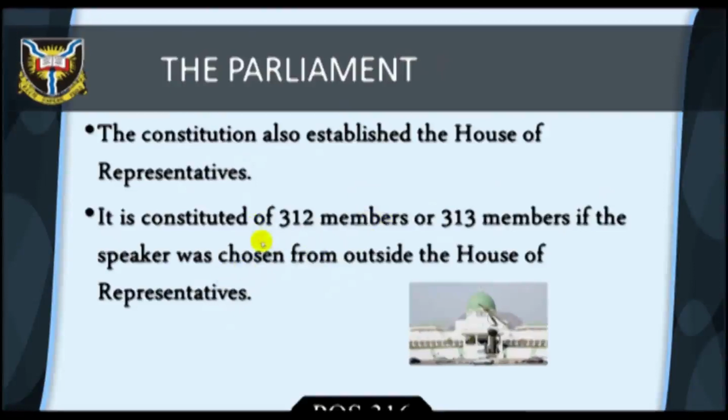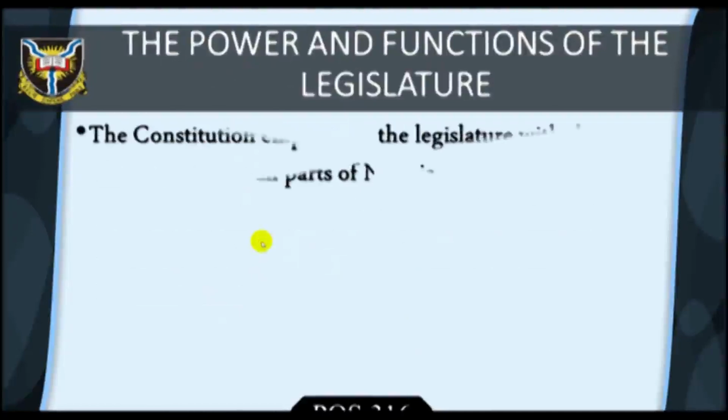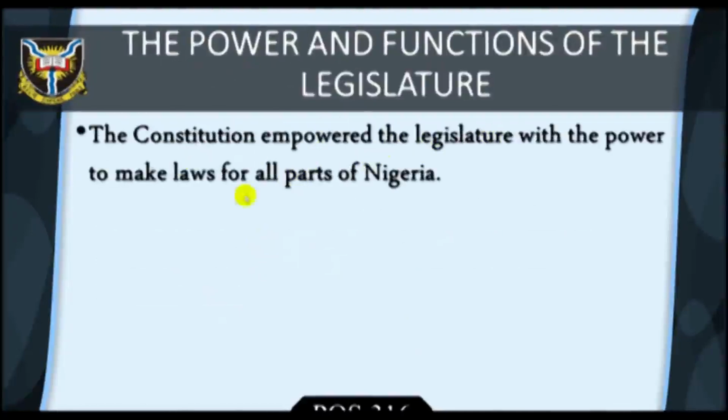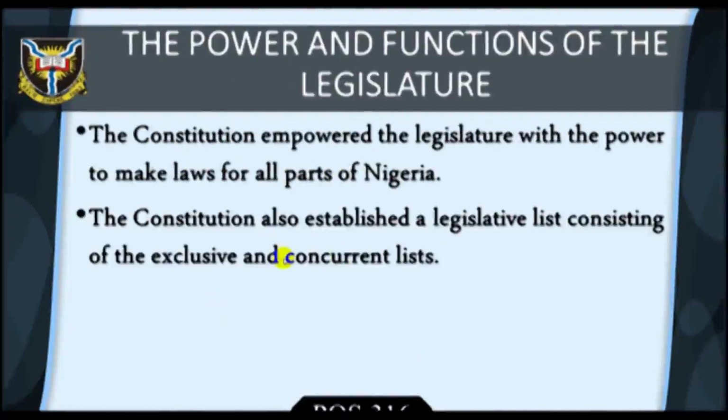The power and functions of the legislature. The Constitution empowered the legislature to make laws for all parts of Nigeria. The Constitution also established a legislative list consisting of the exclusive and concurrent lists. The authority to legislate on all items in the exclusive list was vested in the Parliament.